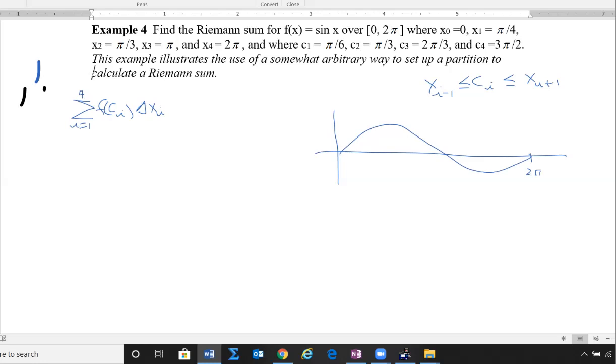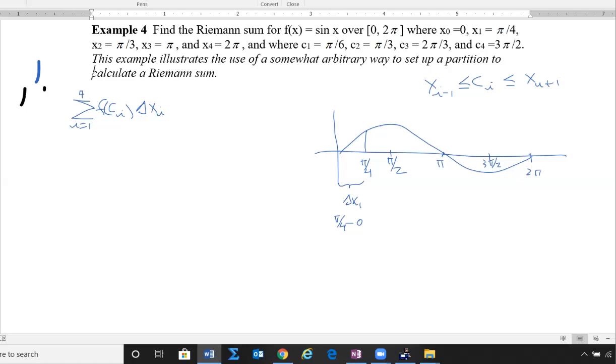And you have a sine wave here. So this is pi here, and this is pi over 2, 3 pi over 2. Okay, and so we have an interval in here, x sub 0, x sub 1, so pi over 4. And this distance in here is our first delta x sub 1, and it's equal to pi over 4 minus 0. Now the second one, x goes from x sub 1 to x sub 2, which is pi over 3.